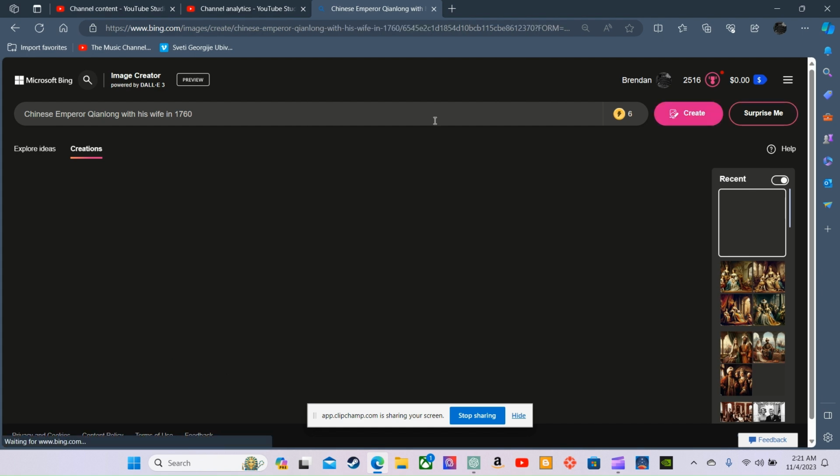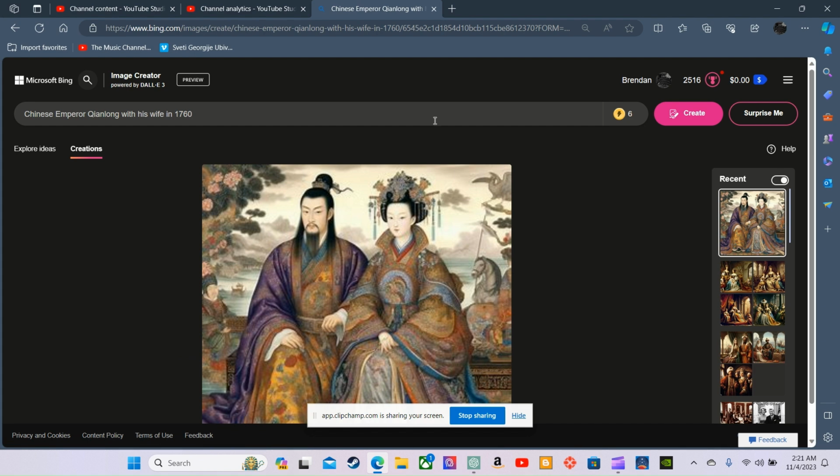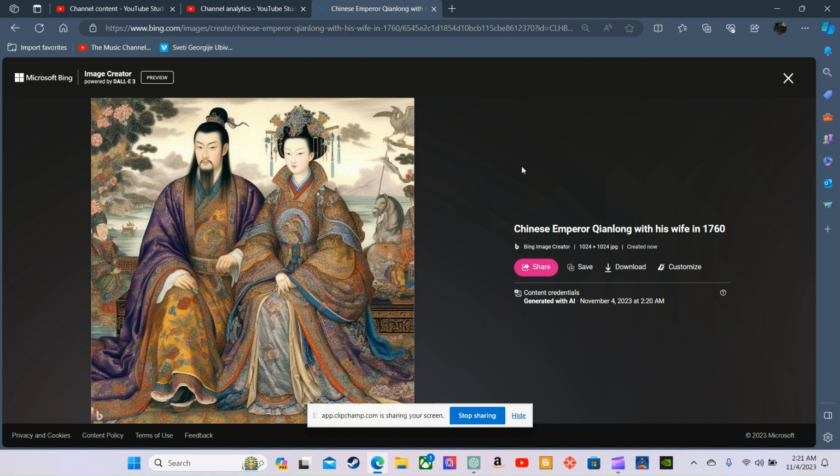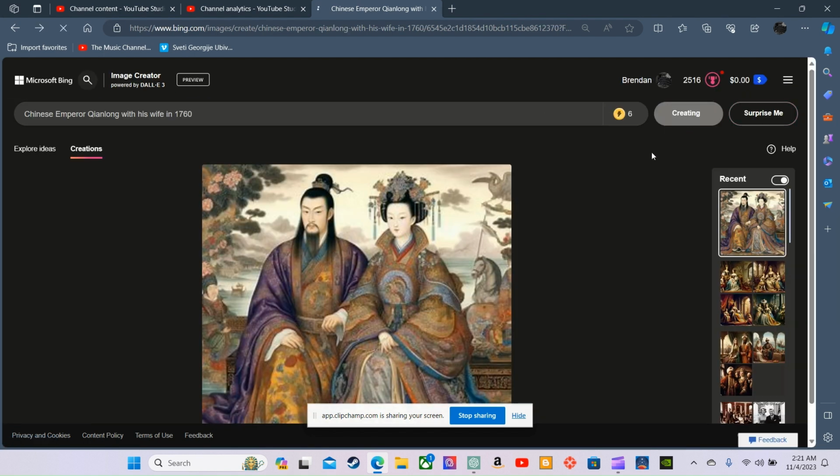So there are great representations of him. Unfortunately, this is not how Manchu emperors dressed. Their hair didn't look like this. It was in the queue, and they forced every man in China to have a queue. This is more of the Ming dynasty. Let's try that again.